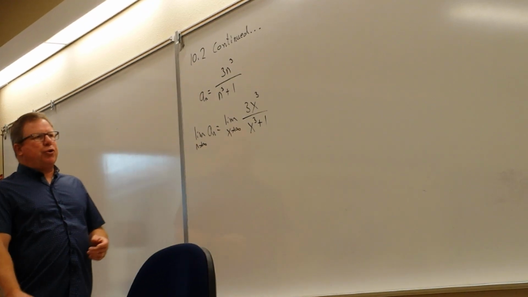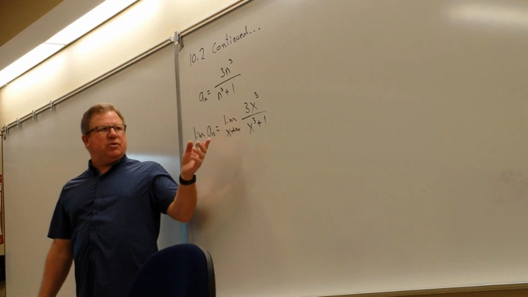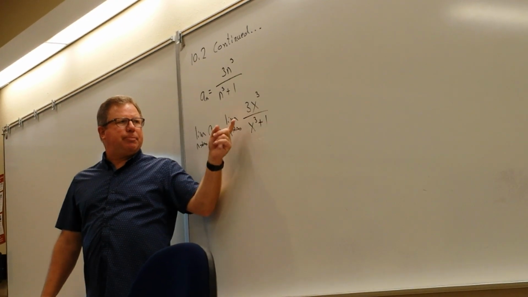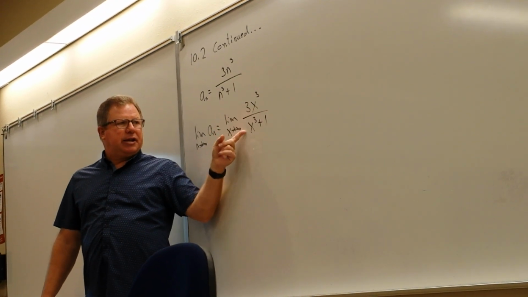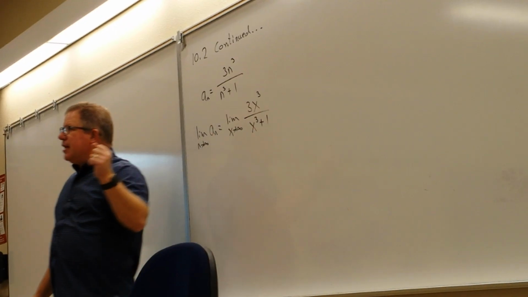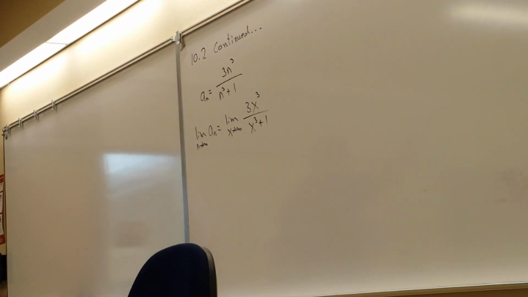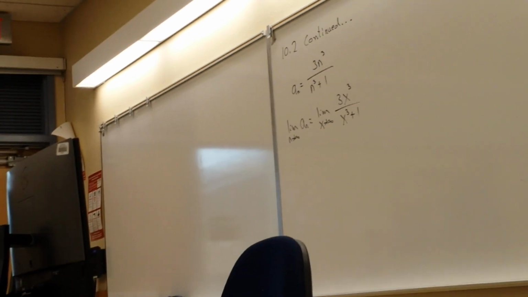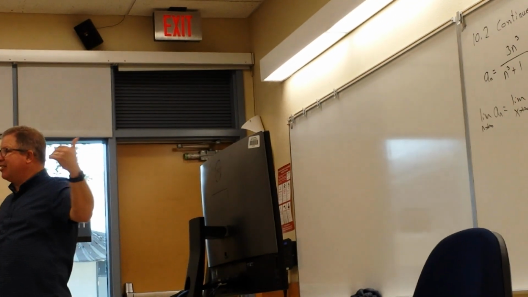Now, for this limit, we have a polynomial on top, it's actually a monomial, and a polynomial on the bottom. When their degrees are the same, the limit as x goes to infinity is the ratio of the leading coefficients, right?